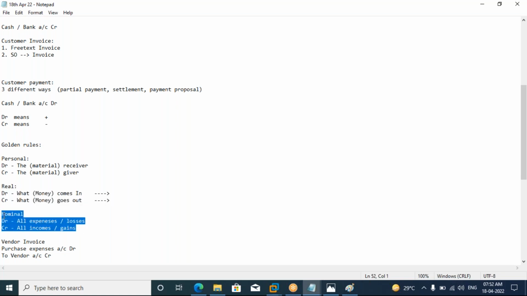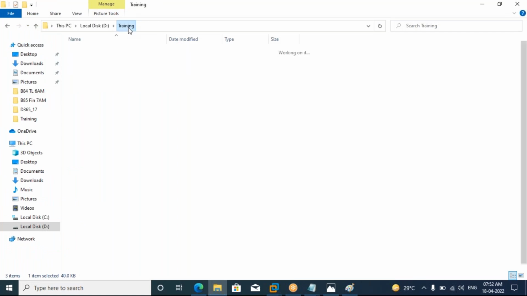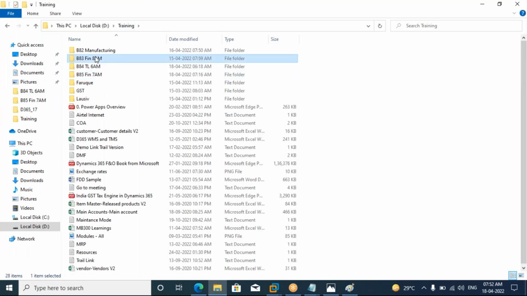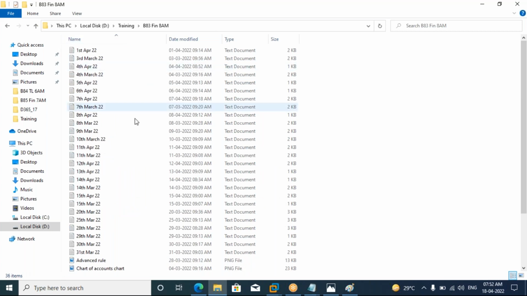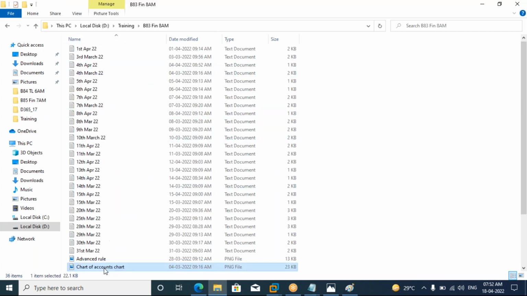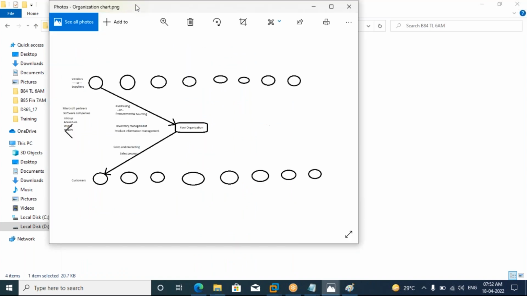Here it is a confusion: debit means positive and negative. Tomorrow I'm going to teach you this, but let me show you because you have initiated. Just give me a minute. Chart of accounts I will discuss with you tomorrow in detail. Sorry, not this one.